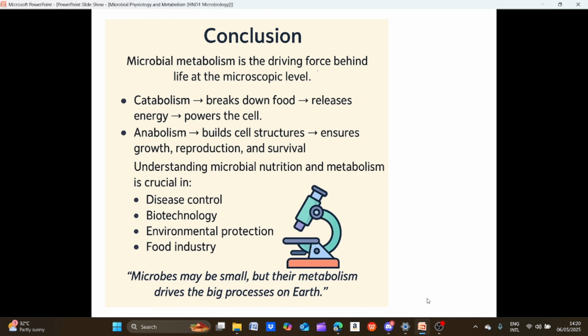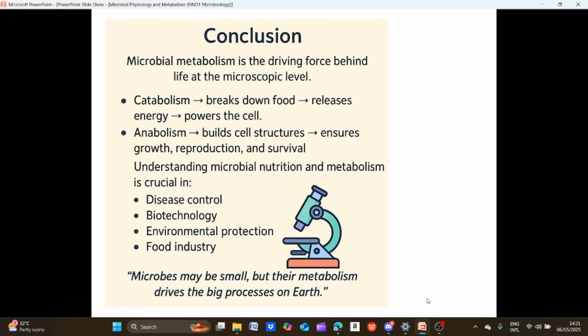Whereas anabolism will build up cell structure to ensure there is growth, reproduction, and survival. And don't forget that we also mentioned that understanding microbial nutrition and metabolism is very useful for us because it helps us understand how to control some diseases. We also use it in biotechnology, environmental protection, and the food industry.